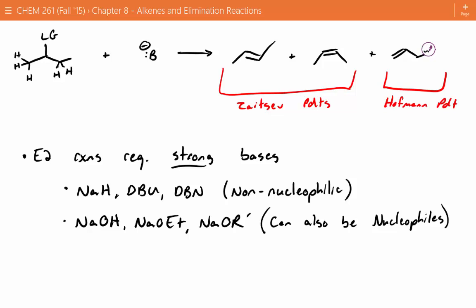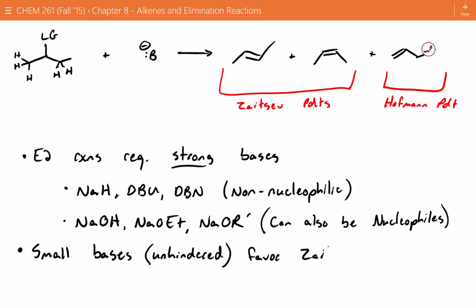All right, what about favoring Zaitsev products? What sort of bases would favor Zaitsev? Small. Okay, so small bases, meaning they're unhindered, favor Zaitsev.